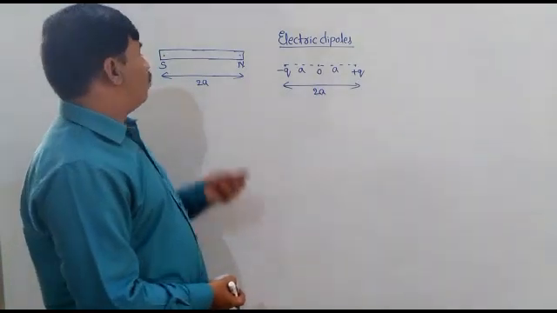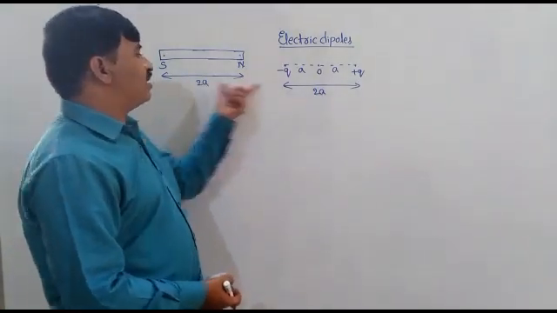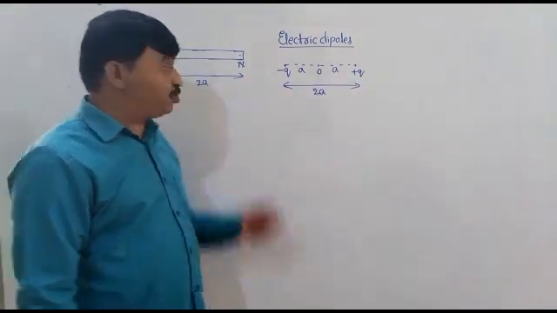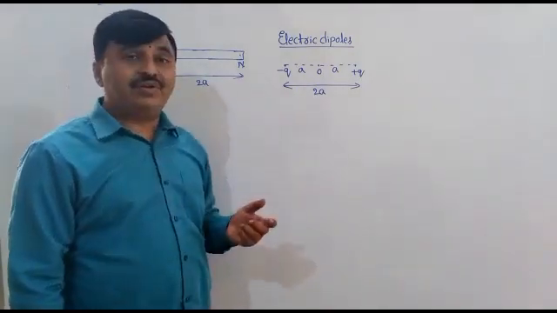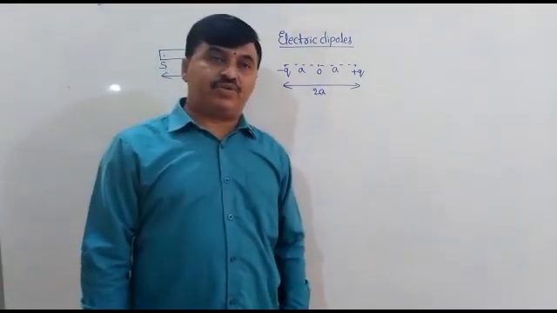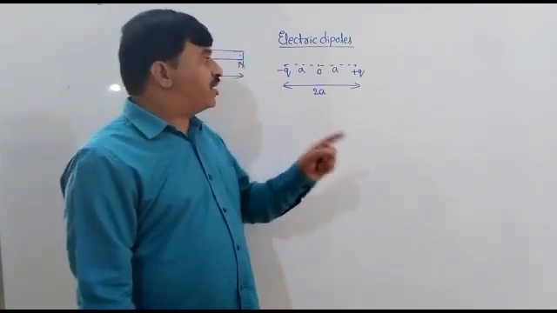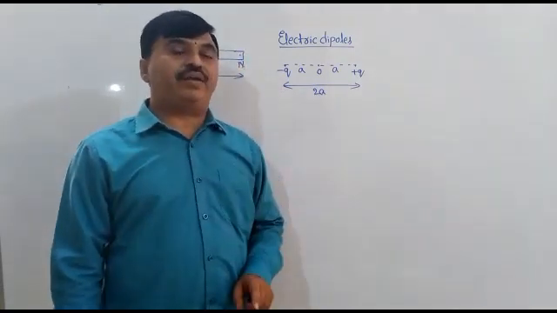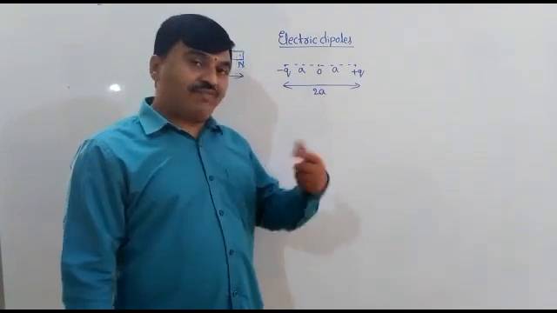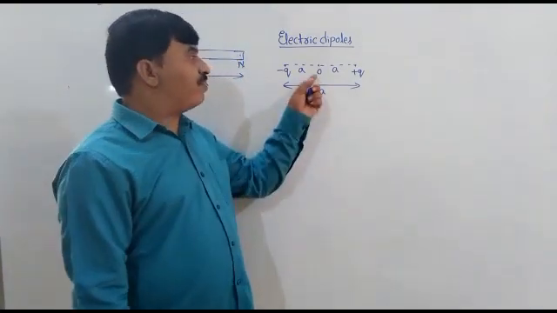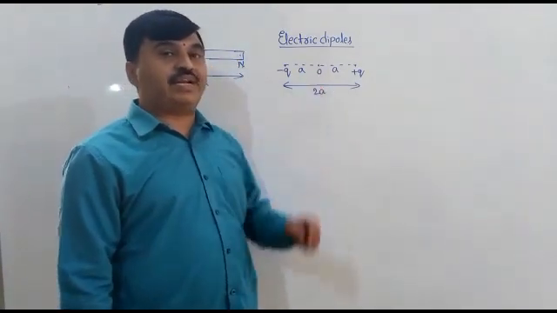Here you may get one doubt. Why, sir? Why are you considering the distance of separation as 2a? Why not a? You can consider any distance, students. But while measuring the distances of any point for finding potential or electric field, we normally consider the distances from the center.